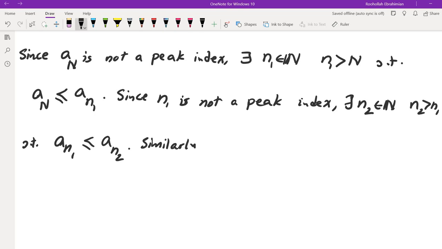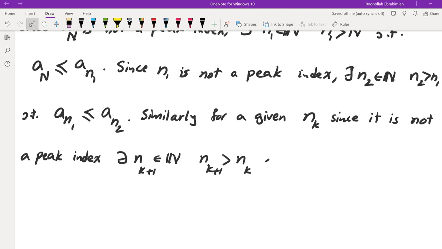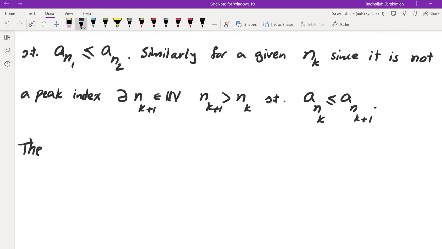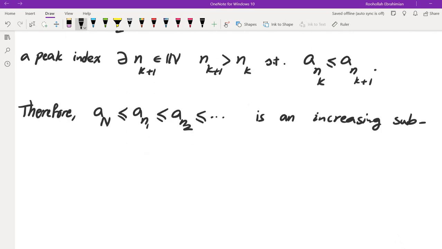Similarly, for a given nk, since it is not a peak index, there is some n_{k+1} in N with n_{k+1} greater than nk such that a_nk is less than or equal to a sub n_{k+1}. Therefore, a_n, a_n1, a_n2, etc. is an increasing subsequence.